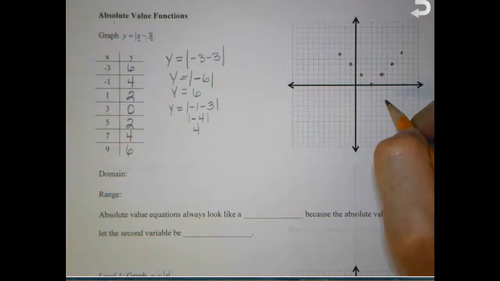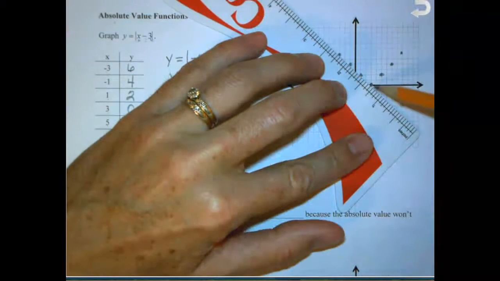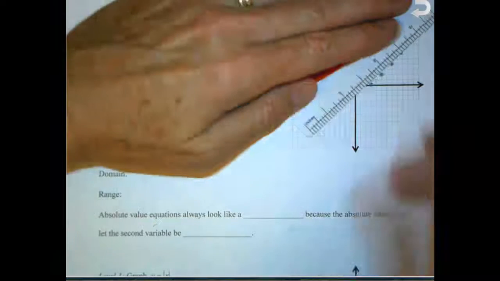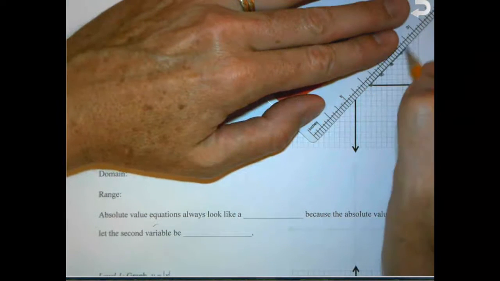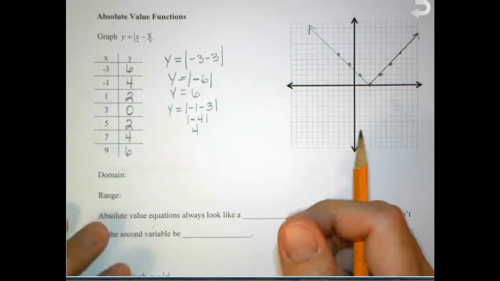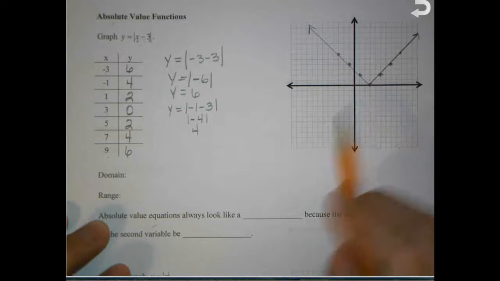And now when I complete this with my lines, they are going to go on and on. If I continue to plot points, they would go on and on like this. And we should always have this characteristic V shape.